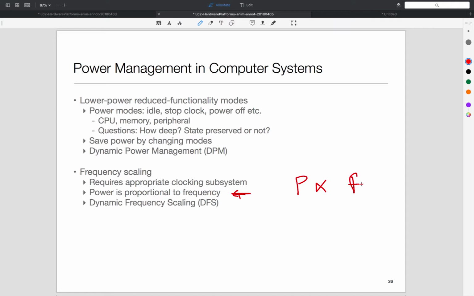Execution time is also related to F, inversely so. You lower the frequency, execution time goes up. So if I change the frequency, the power changes proportionately, and the execution time, T execution, is proportional to F inverse.